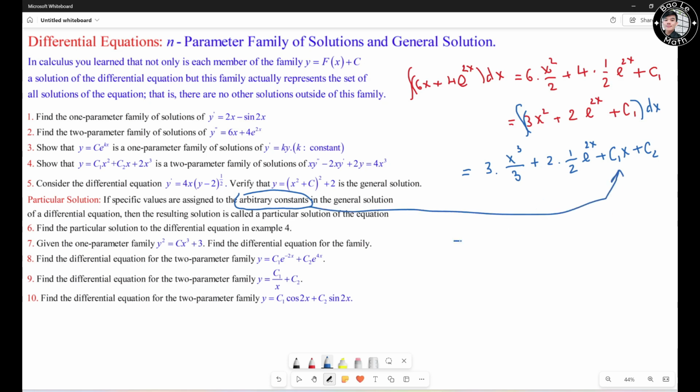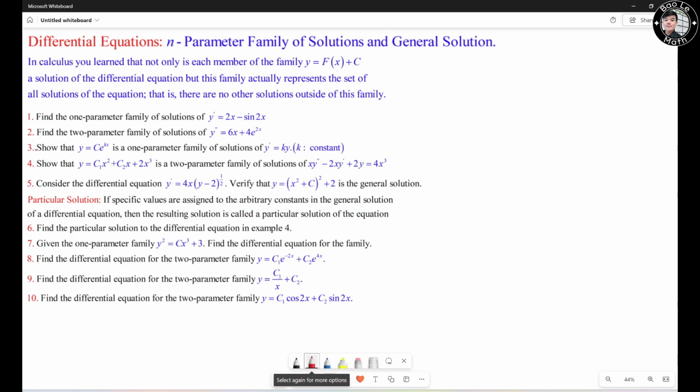So we're going to simplify this one. It's going to be x cubed plus e to the 2x plus c1 x plus c2. And this is y. This is the final solution.